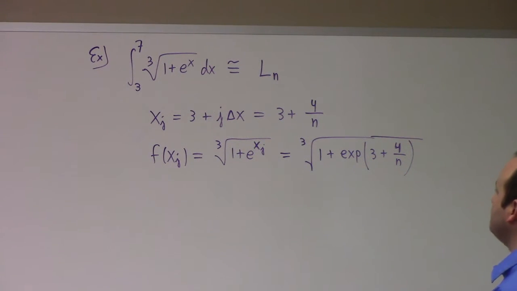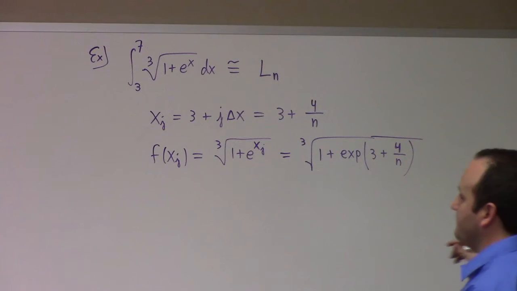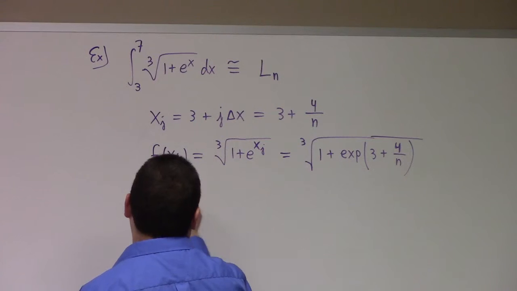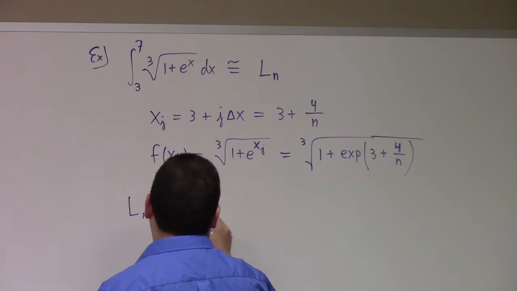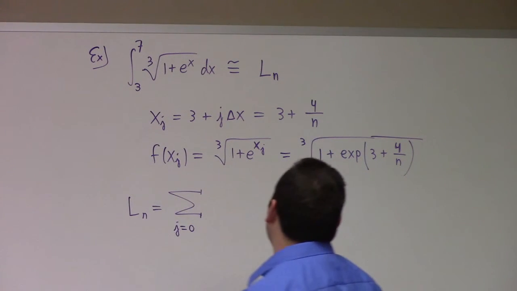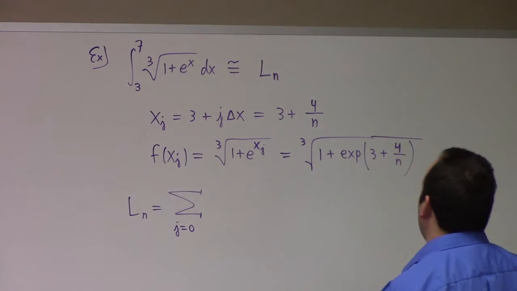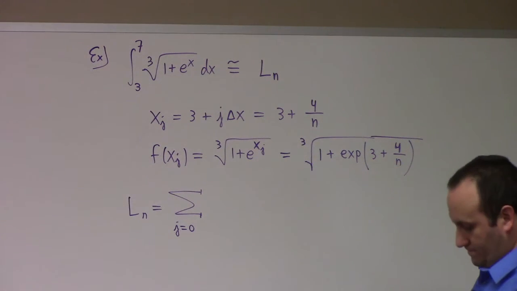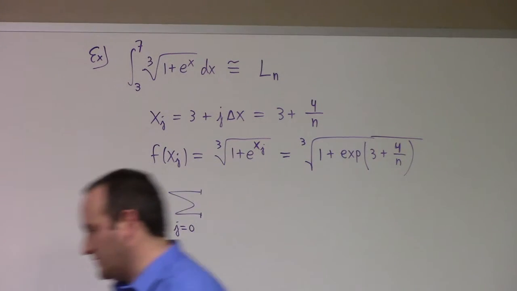And then what? So L_n would be the sum. We sum what? j equals from what? j equals 0 to, oh, I'm sorry. Goodness gracious, guys, there's a very important thing I left out here. This is constant. This has no j dependence. What am I missing? Two errors here. Two errors.